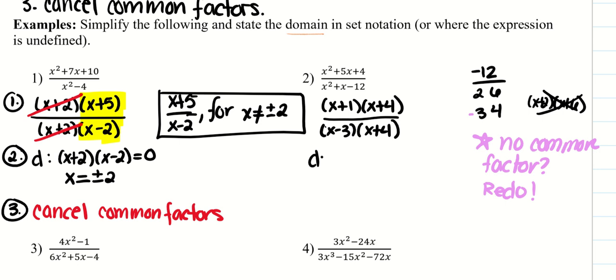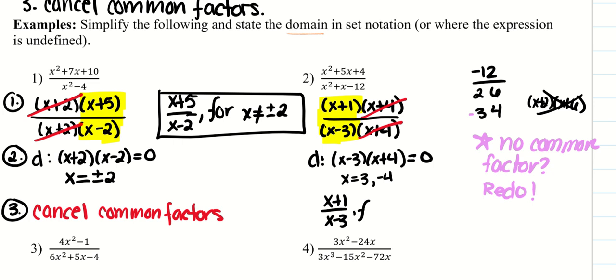To find my domain, I have x minus 3, x plus 4 equal to 0. So x equals 3 and negative 4. Step 3 is to go and cancel my common factors. So I'm going to cancel those and I'm left with the ratio x plus 1 over x minus 3. So my answer is x plus 1 over x minus 3 for values of x that do not equal negative 4 or 3.